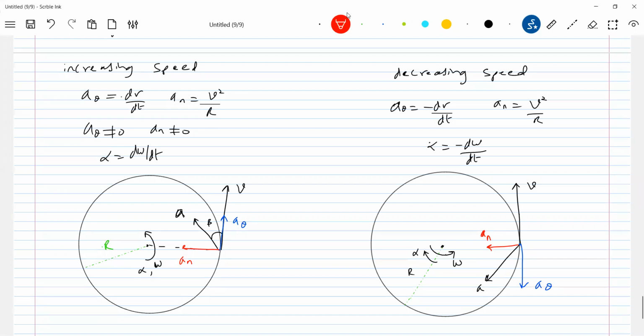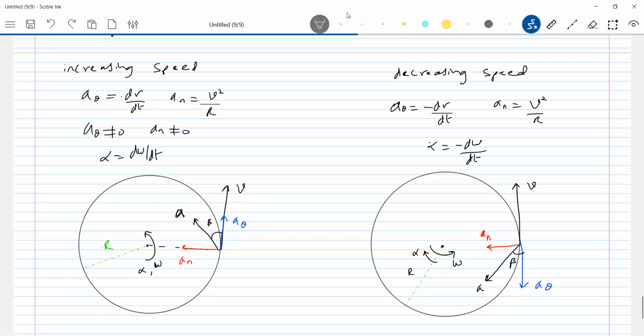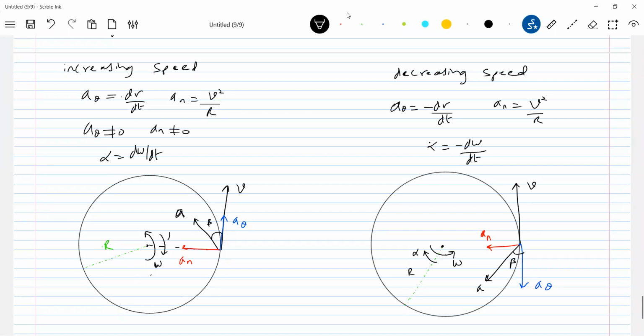"Sir, what about beta?" Beta, I'm going to put this one. Again, same thing here. This will be beta. Look at alpha and omega, because omega decreases here. Here omega increases. Both are in the same sense. But alpha and omega are actually not along this curve. This is not the direction of alpha. It is only the sense for our understanding purpose.